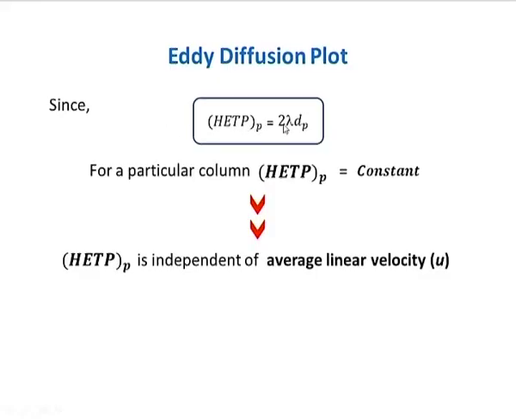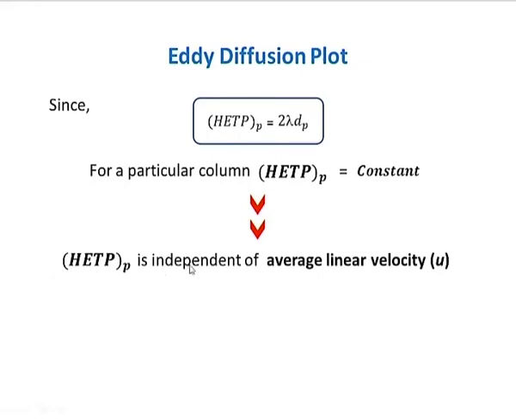So, the last point about eddy diffusion is, understand that this term is related to these 2 factors which are constant for a particular column. So, it means the contribution of eddy diffusion towards plate height is going to be independent of average linear velocity.